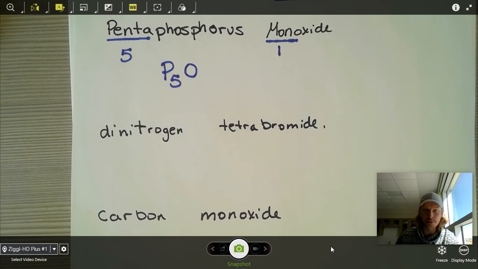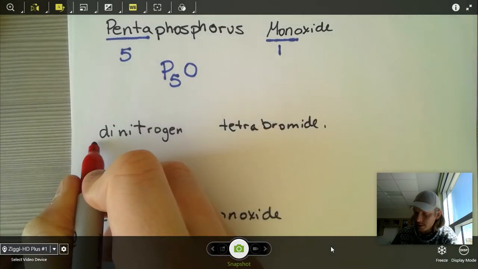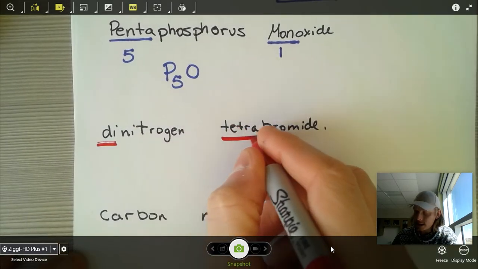Dinitrogen tetrabromide. Again, pause the video, take a shot at it, see if you can do it, and then check in with our answer. Okay, so let's get a different color here. Let's go with red. So let's get our prefixes out of the way first. Di and tetra.